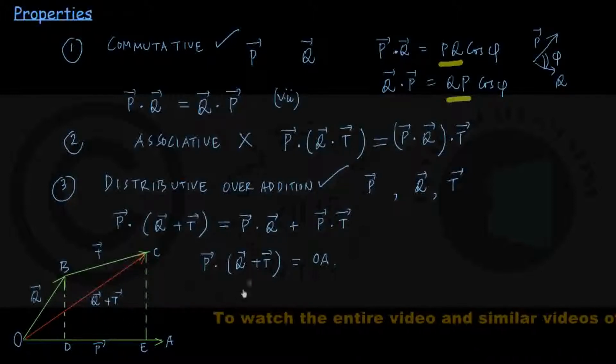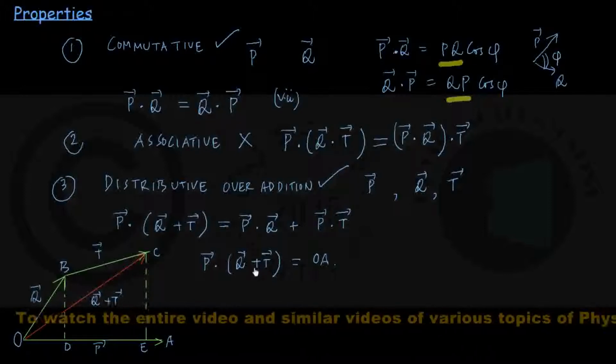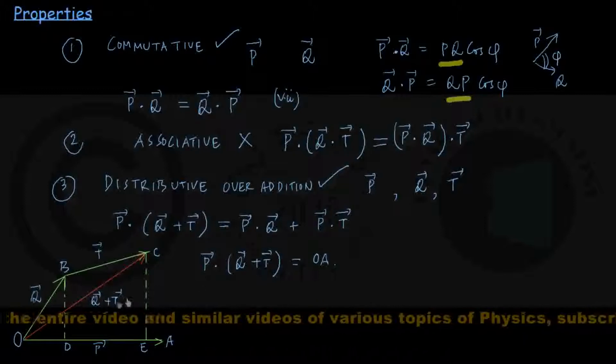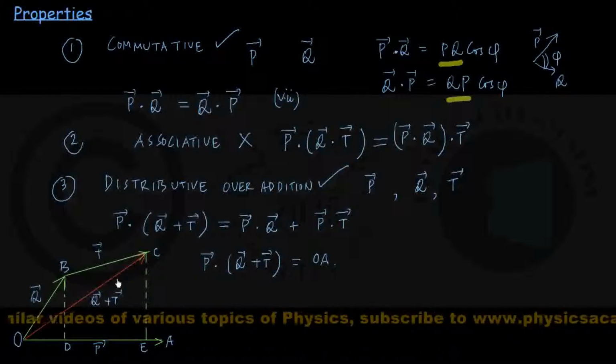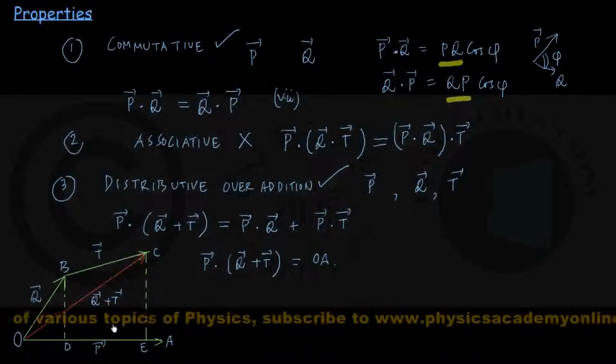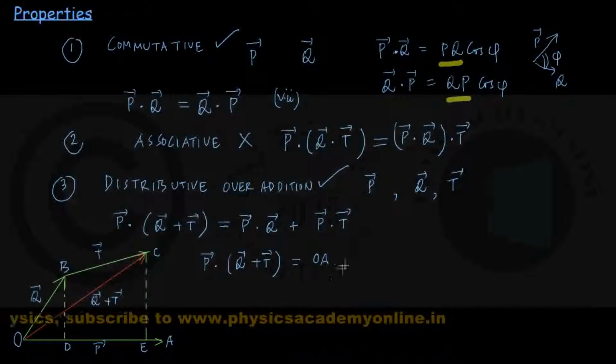See, once again, the projection or component of q plus t, this is one vector as a sum, inside the bracket, that is this red arrow, and the component of this red arrow q plus t along the vector p is given by the length OE. So I could write P dot q plus t is coming out to be OA and OE, product of that, right?